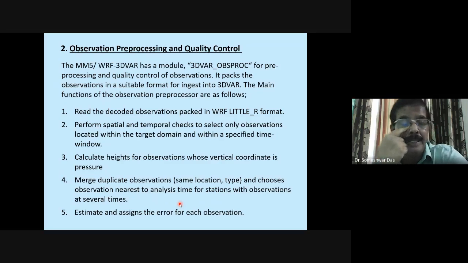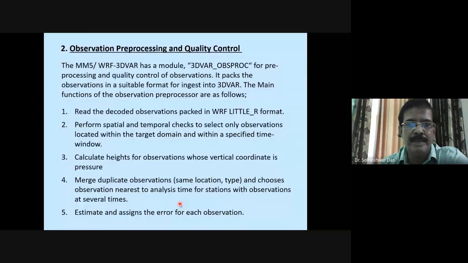And any other error, suppose there is a bias, suppose some temperature reported from a station has a bias of 1 degree or 2 degree every day. You know that the temperature reported by this station is 2 degree warmer or 2 degree colder than actual. So there is a bias, a known error, right? Systematic error. So whatever known errors are there, those are estimated and assigned, okay, to each observation.